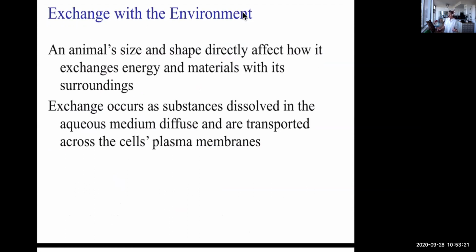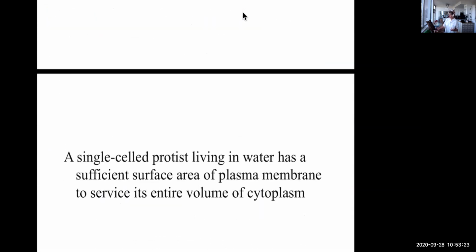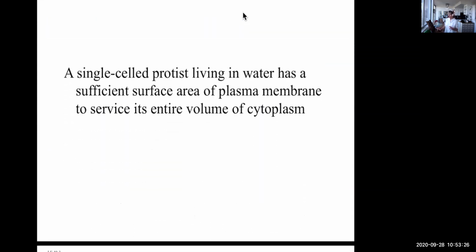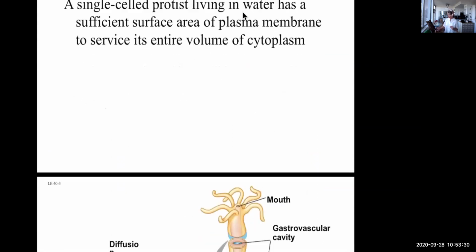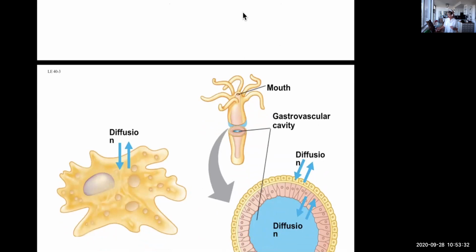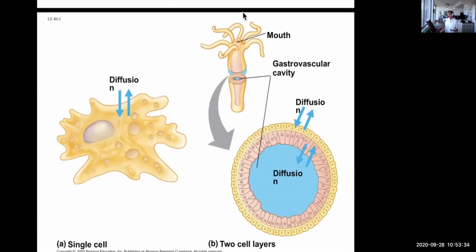And let me just show you how that occurred. From very simple organisms like single-celled protists, which are eukaryotes, something like an amoeba. This is a single cell, it has a nucleus, and it just exchanges material by simple diffusion.